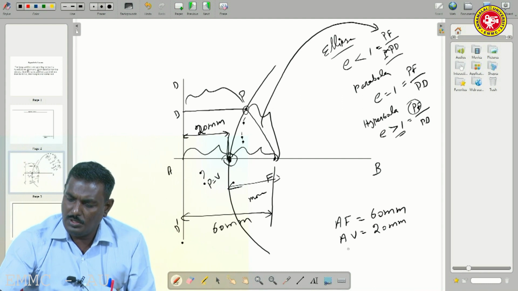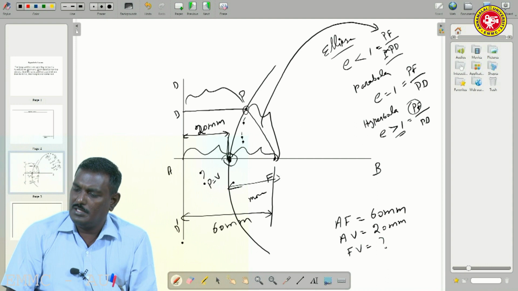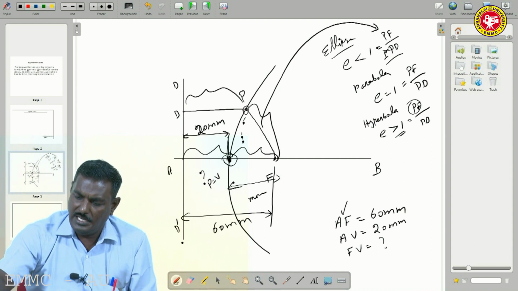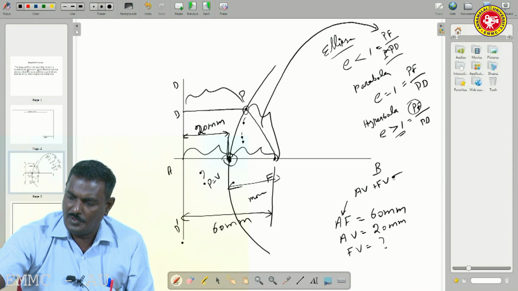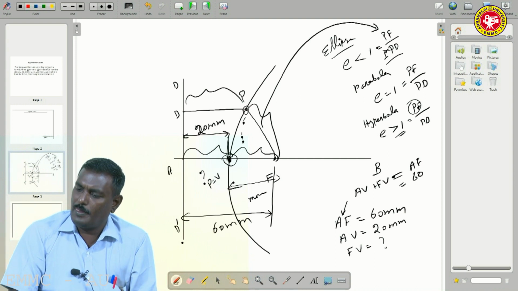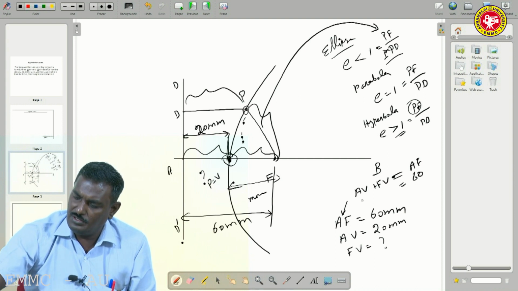So what about FV, that is the question mark. Here AF is nothing but AV plus FV. We know that AF is equal to 60 mm, and AV is 20 mm, so from this we have to find out FV.